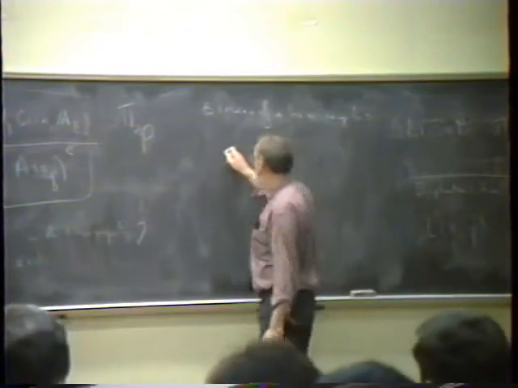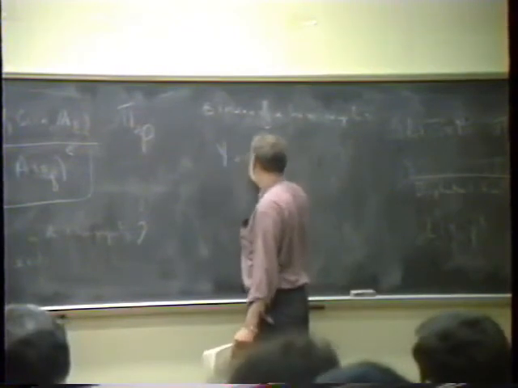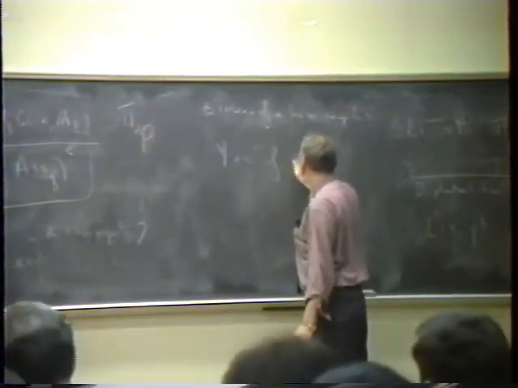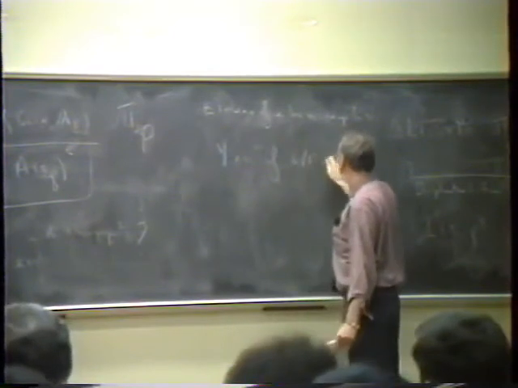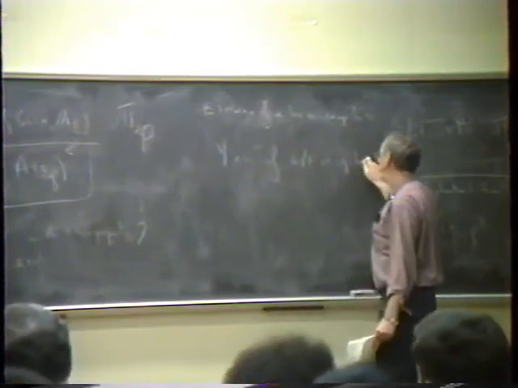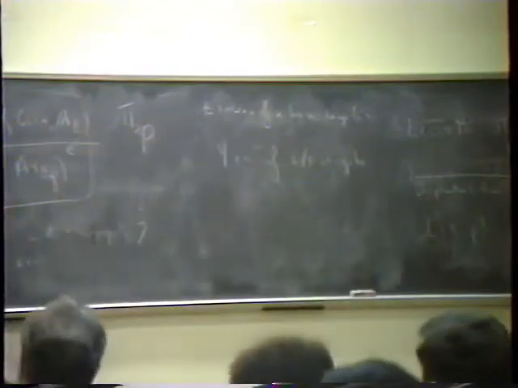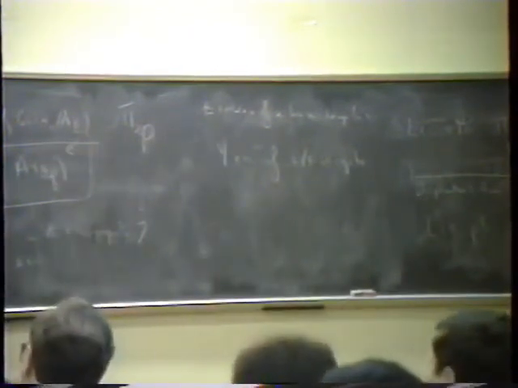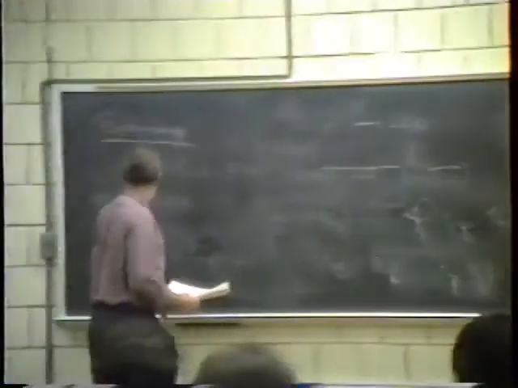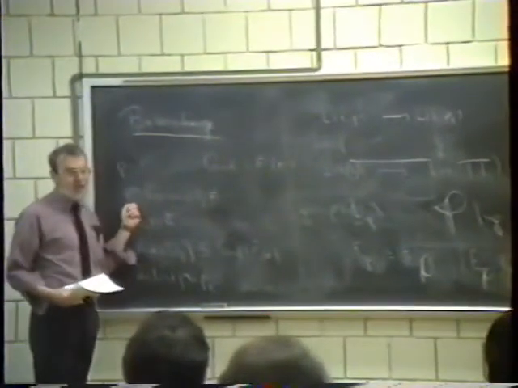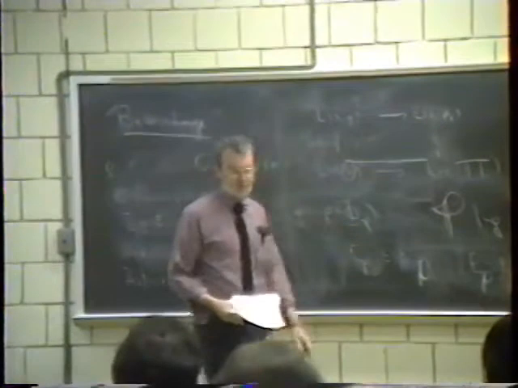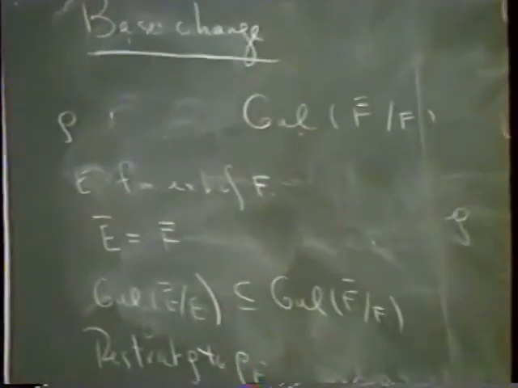The answer is yes, in a very simple case, if E over F is cyclic. So if the pertinent extension is a cyclic extension. Now this is a very strong constraint. Most extensions are not cyclic extensions.